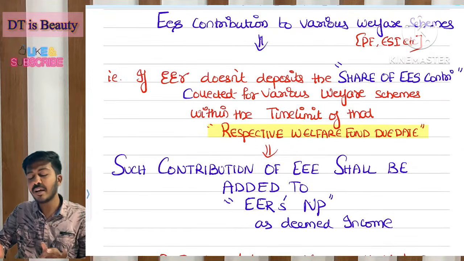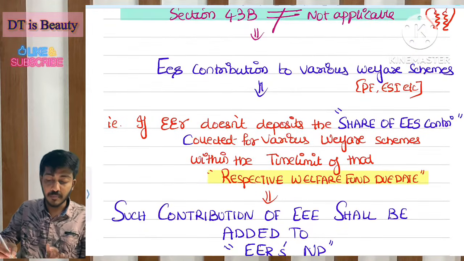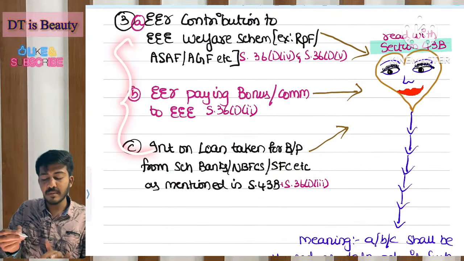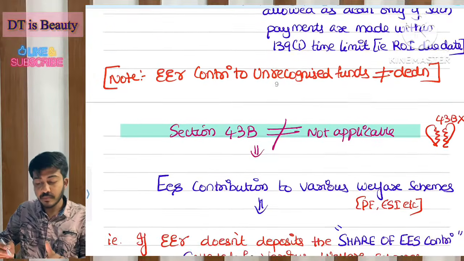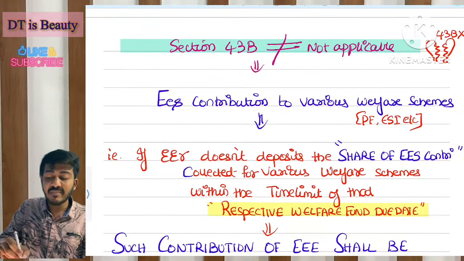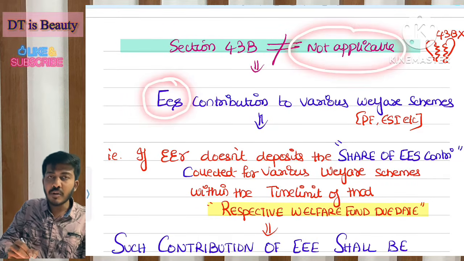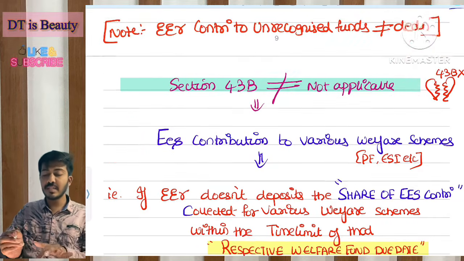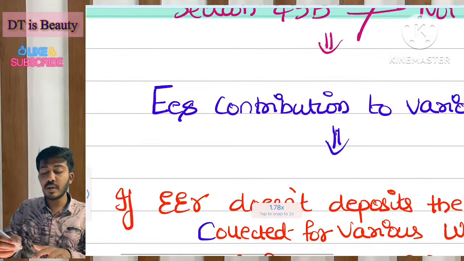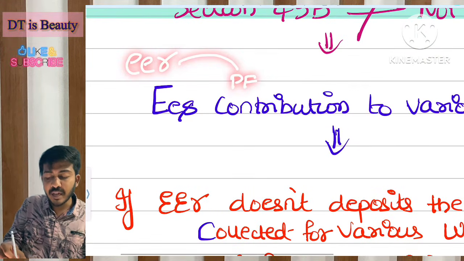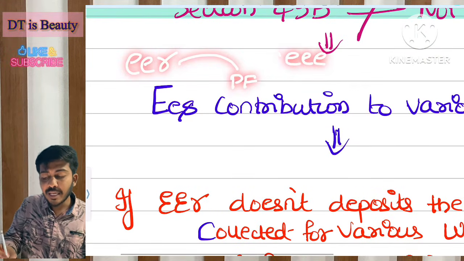So consolidatedly, what you are trying to say, sir? Section 43B will be applicable for these 3 items. However, Section 43B will never be applicable for employee's contribution. Right? Don't get confused. Listen. There are 2 contributions you learned, right? One is employer will contribute to PF, whereas employee also will contribute to PF.